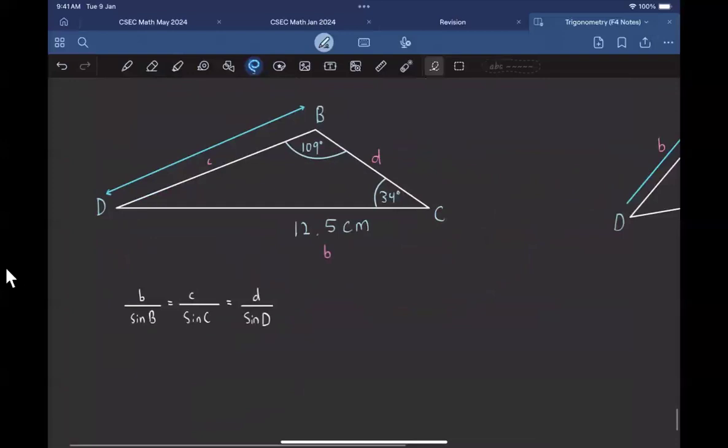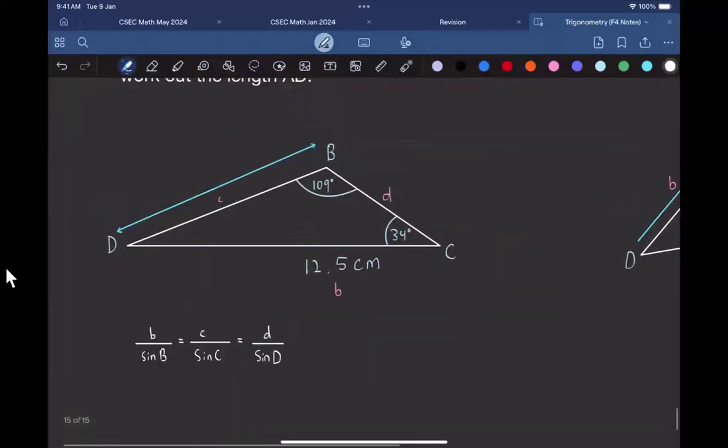Anyway, here what? Since Nicholas is so up, I would like you to do the rest of the question. I'm trying to find C, this length over here. Tell me how I would proceed.